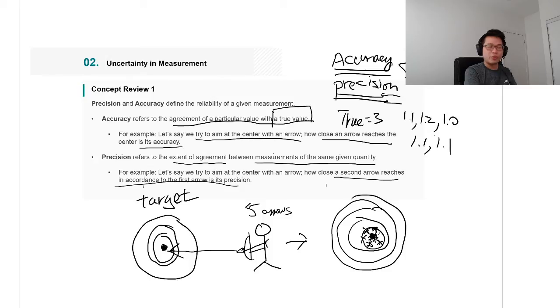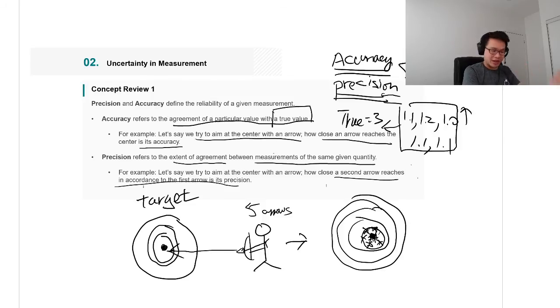Although they are far away from our true value, so the accuracy is low, the precision is high because the spread of our measurements is not that large. It's roughly 1.1 plus or minus 0.1. So from here, we can tell that the precision is high.